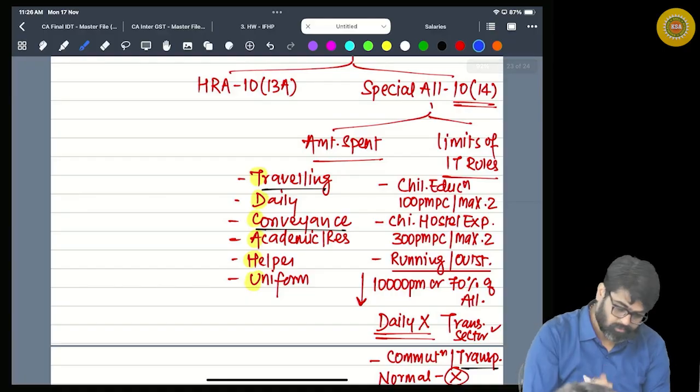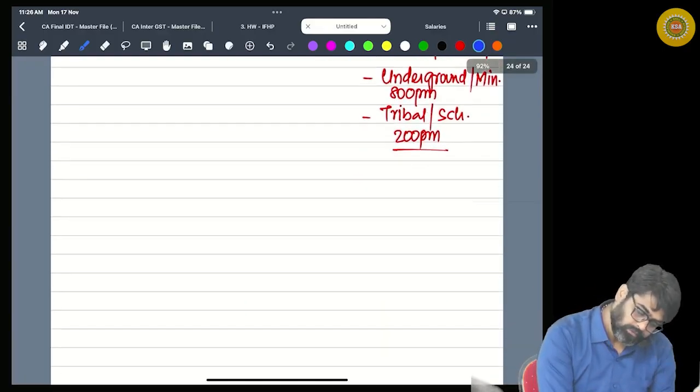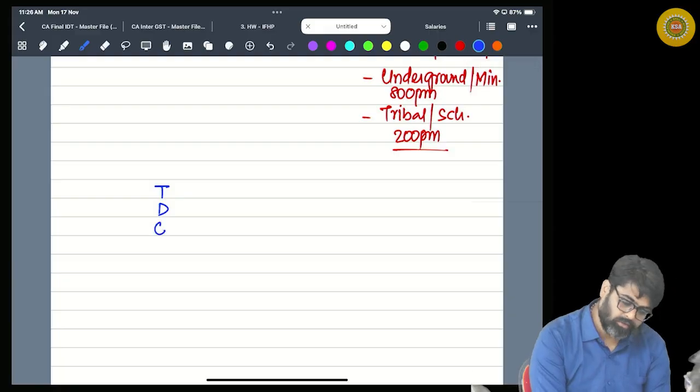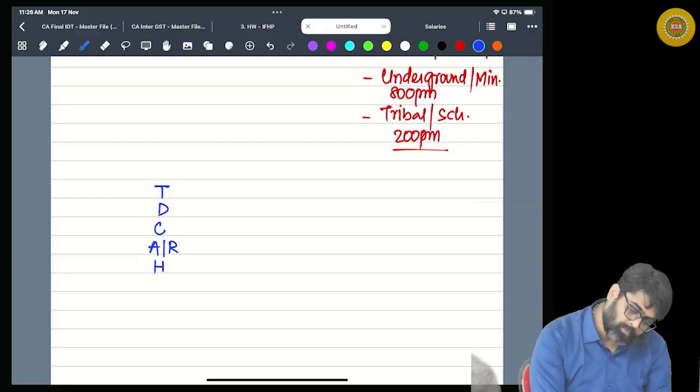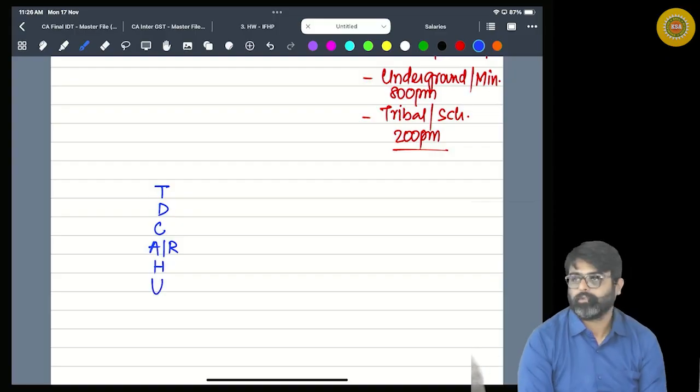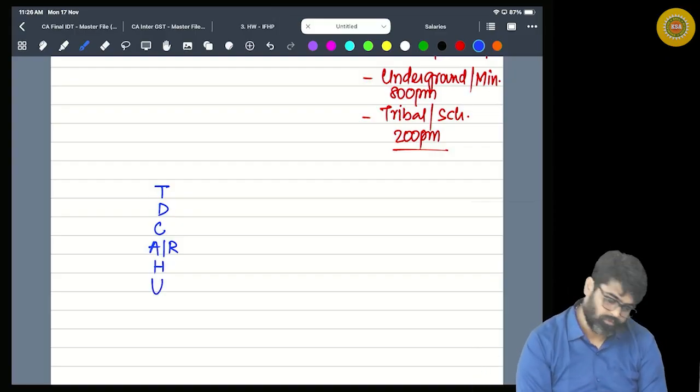See, traveling, daily, conveyance, with academic or research helper. You remember all these things? Very good.